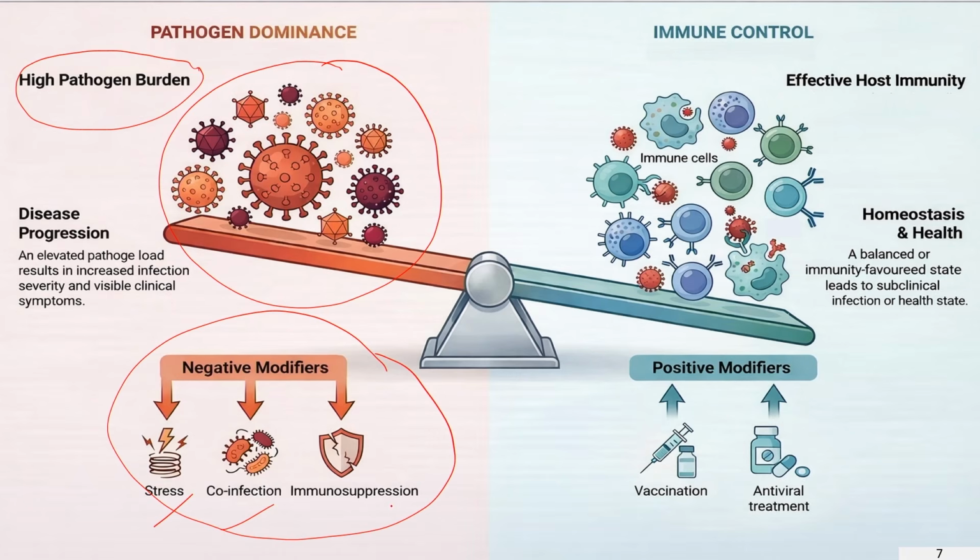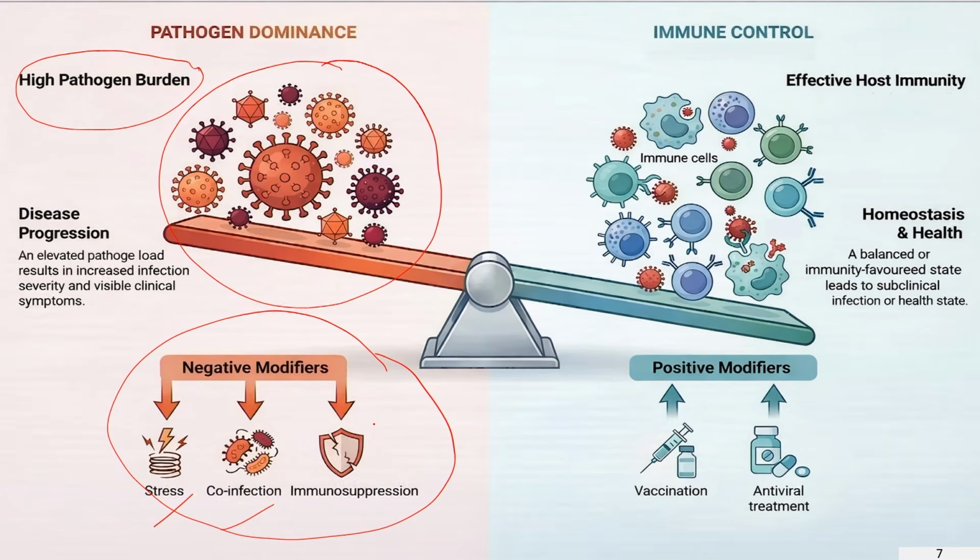Immunosuppression means a lack of immunity, and this could be because of a disease condition, nutrient status, or certain genetic disorders. We could also discuss later that there are conditions in the human body where the immune response is not generated in a proper way.